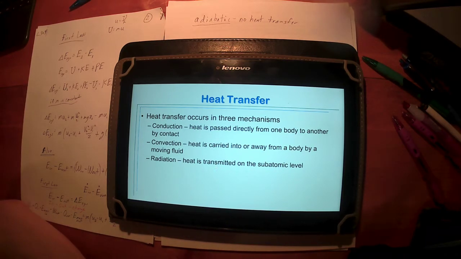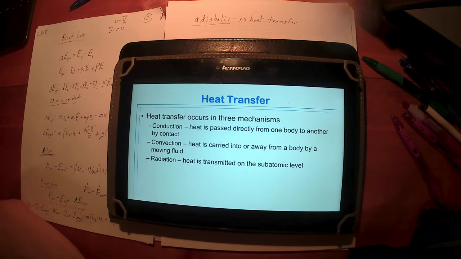Convection, that's where you've got a group of particles. They sweep through, they move through, and as they move through, they impart energy onto whatever they come in contact with, or if they come in contact with higher energy objects, they'll remove energy from whatever they come in contact with. And what determines the direction of that energy transfer is the temperature.